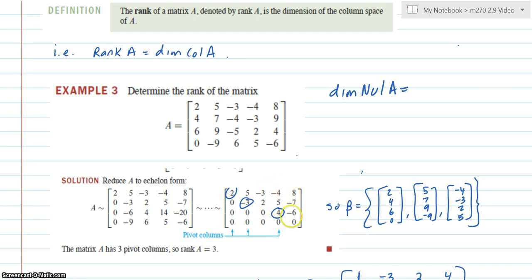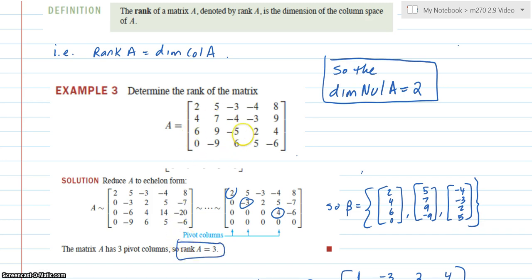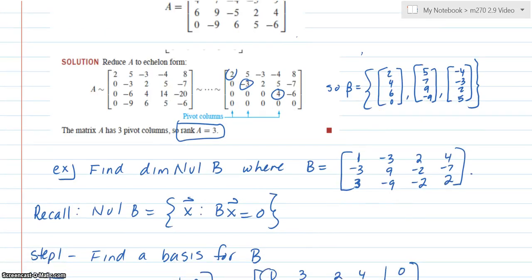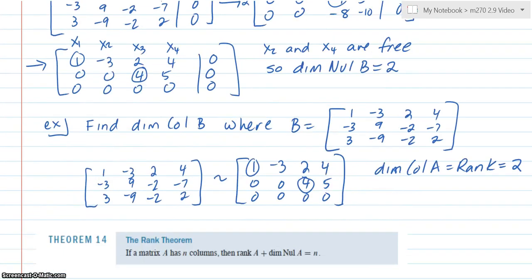There are 2 free variables, x3 and x5, so there are 2 of them. The rank of A is 3, so the dimension of the null of A is 2. And that adds up to 5, and there are 5 columns in that matrix. So it does make sense.